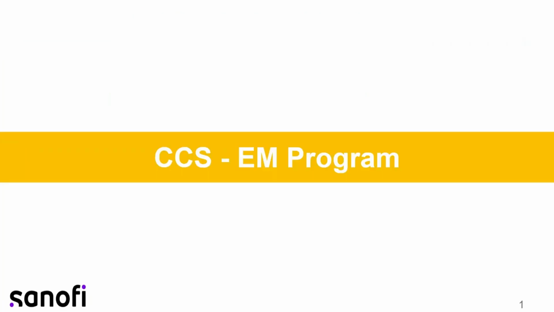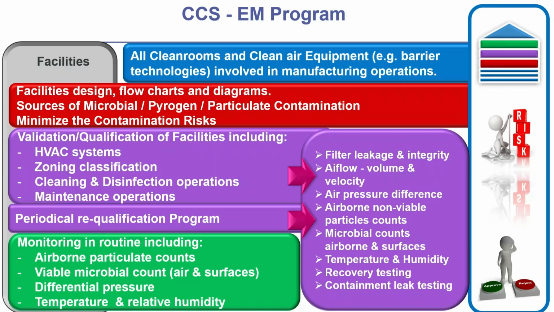Now we'll define the environmental monitoring program in relation with the contamination control strategy. The environmental monitoring program for facilities applying the contamination control strategy must follow different steps. First, the basics, defining all clean rooms and clean air equipment, for example barrier technologies with isolators and RABS, all these elements that are involved in manufacturing operations.